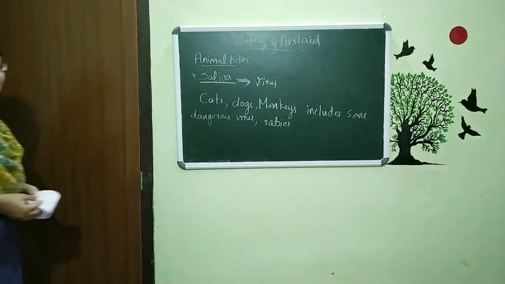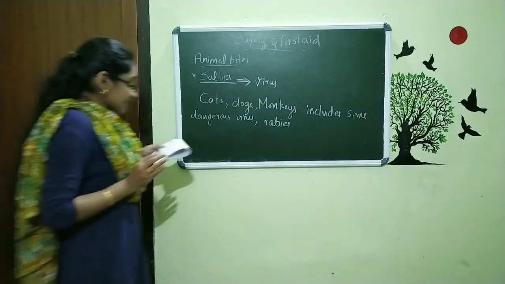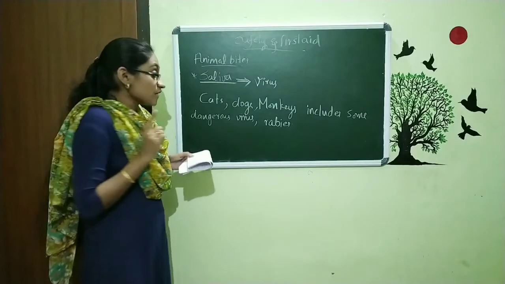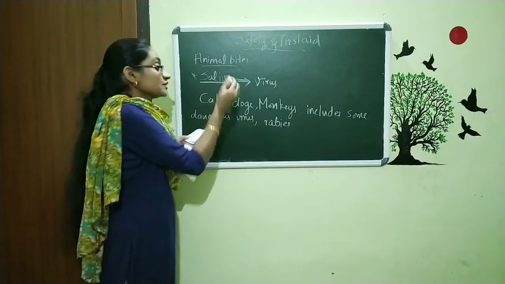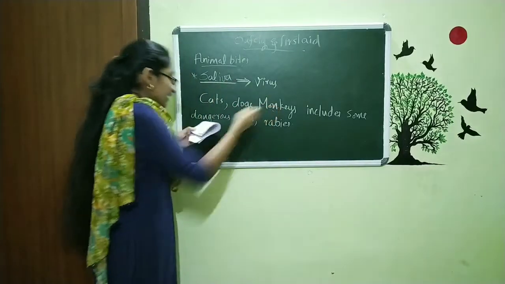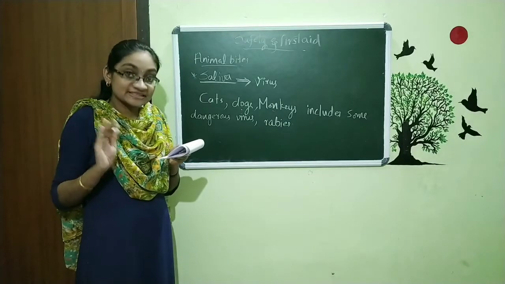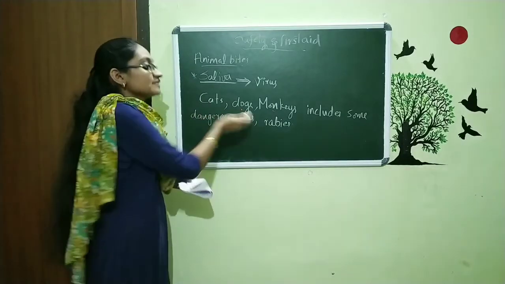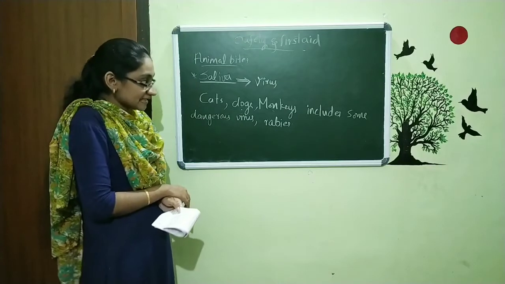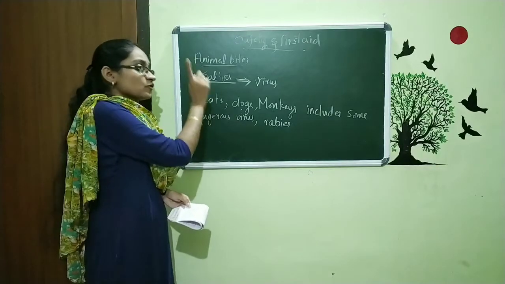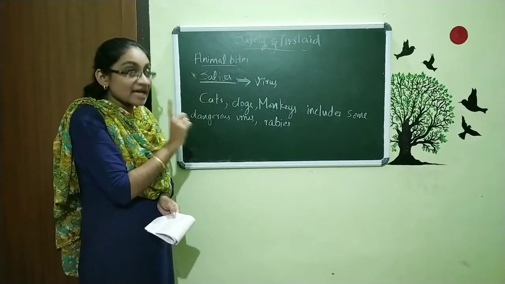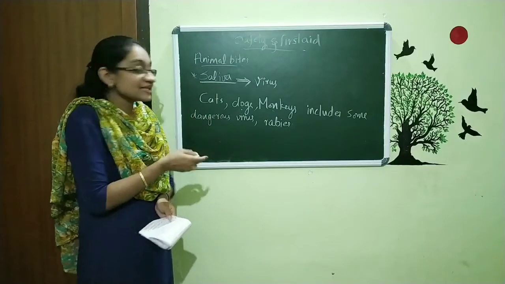The question is, what is rabies? We can say the saliva of animals like cat, dog, monkey, etc. contains the virus of a dangerous disease called rabies. That means their saliva contains a certain type of virus that is dangerous and leads to a disease like rabies.